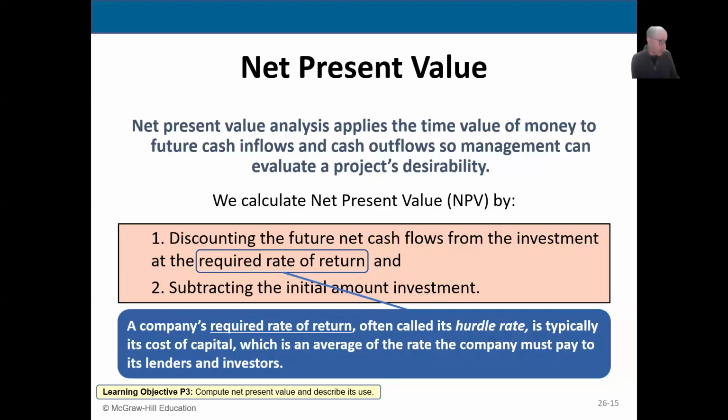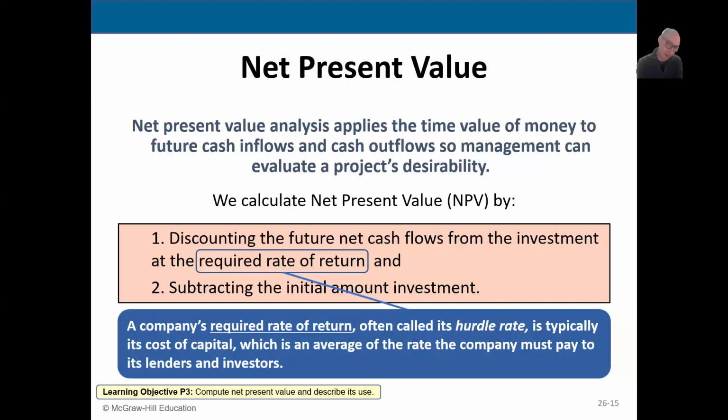So this is why we calculate what we call the net present value. Discounting the future net cash flows from the investment at a required rate of return, and subtracting the initial amount of the investment, is how we calculate net present value. It's a little bit more complex than that.